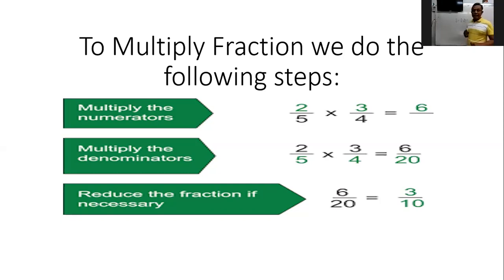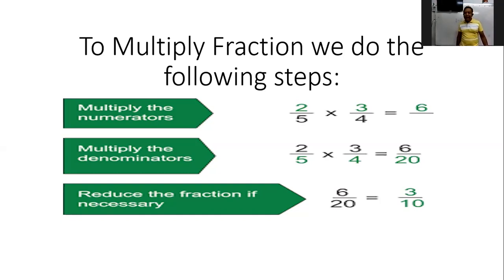Can we divide 6 by 2? Let's think of a number that is common to 6 and 20, the numerator and the denominator. Let's try. Can we divide 6 by 3? Yes, of course, 6 divided by 3 is 2.